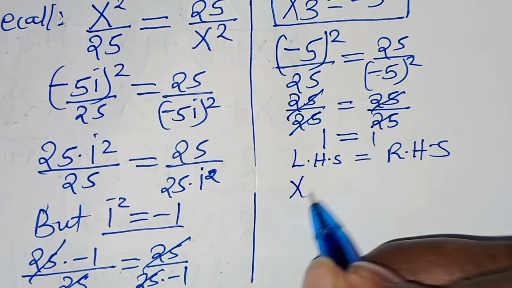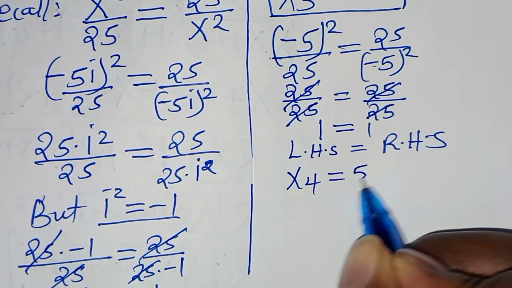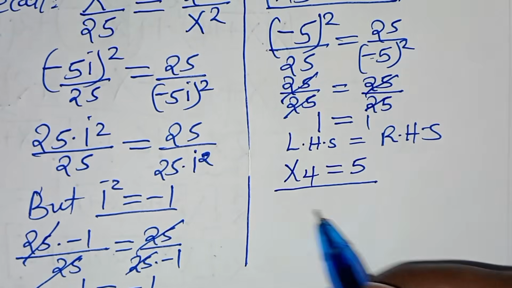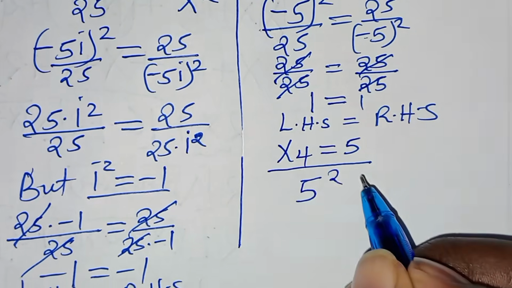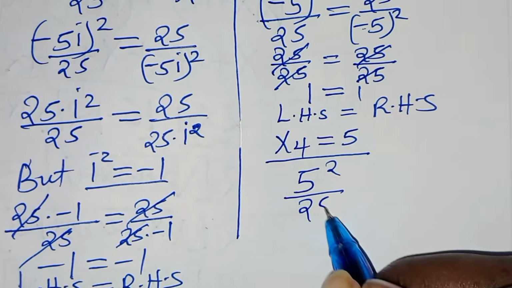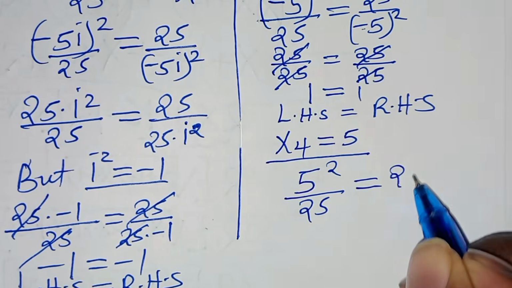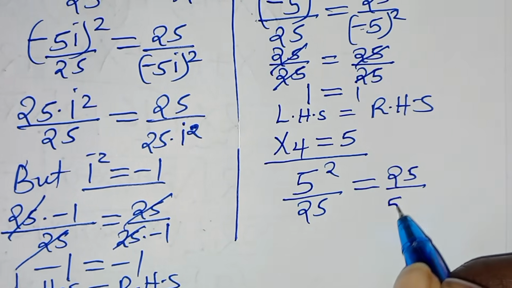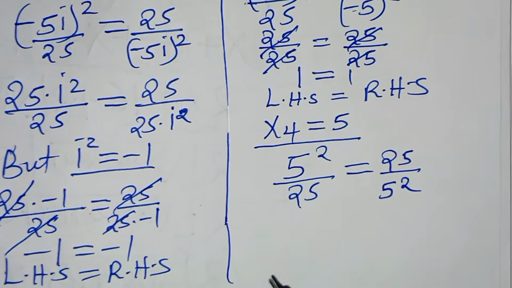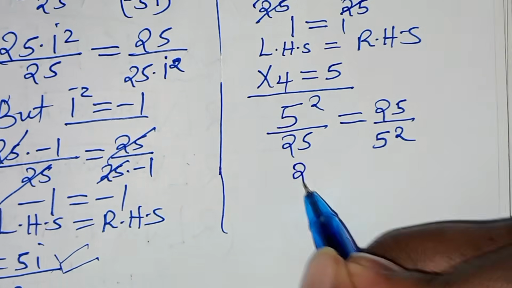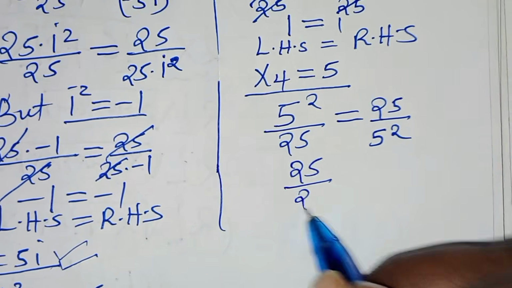Now let's check x4, which is equal to 5. So we have 5 squared divided by 25, equal to 25 over 5 squared. 5 squared is 25, so we have 25 over 25 equal to 25 over 25.